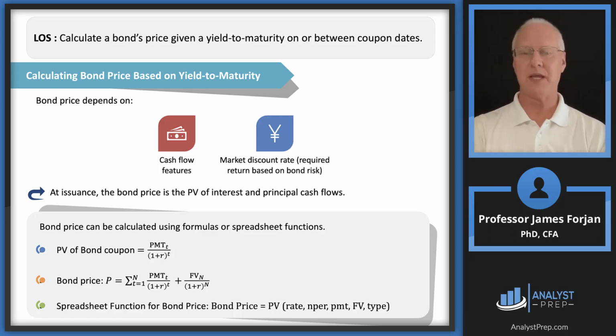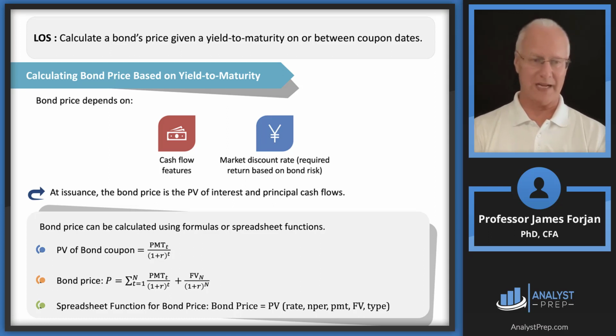So that's the PMT in the numerator, and there's a subscript T. T could be in the first year, and then the second year, and the third year. Remember that bonds have maturity dates of 5 years, and 10 years, and 30 years, and 50 years, and 100 years. I mean, there's no reason why an entity couldn't issue a 1,000-year bond.